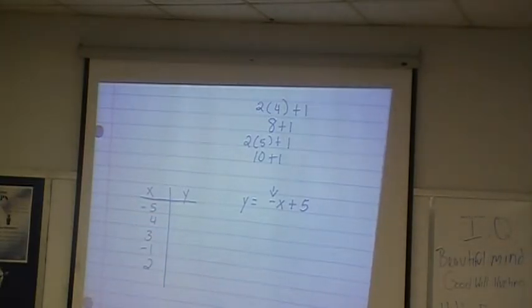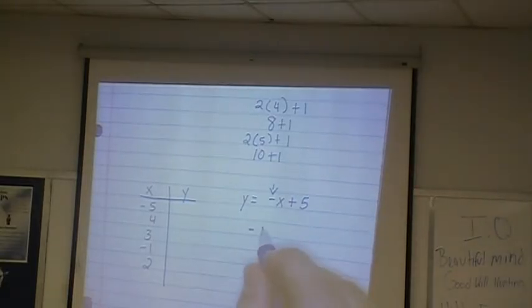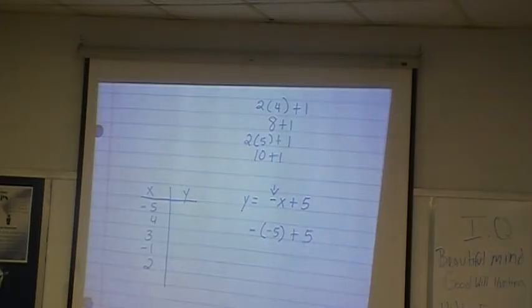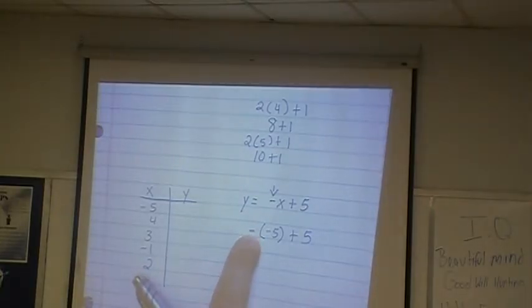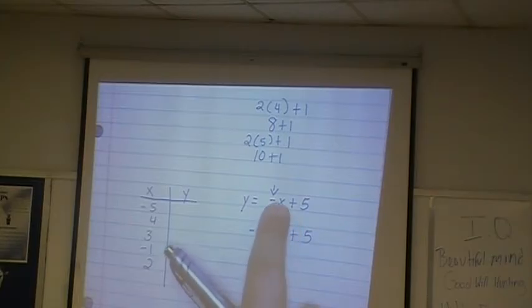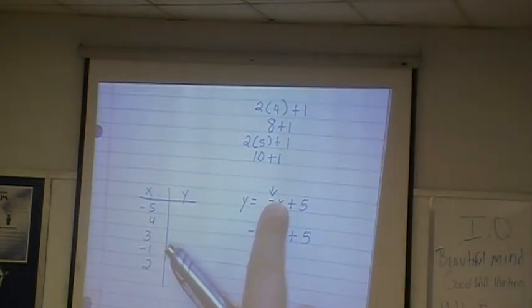Now remember, when you plug that number in where x is, put it in parentheses. So I've already got a negative over here. I can't leave that negative on. Then in parentheses, I'm going to put negative 5. Now technically, there's a number right here. Just like technically, there's a number right there.